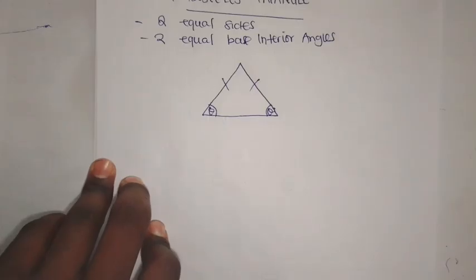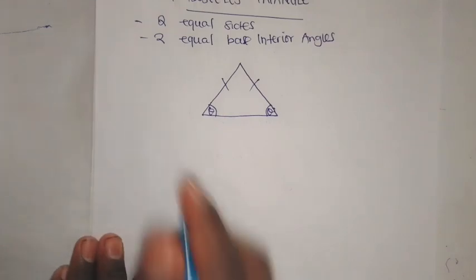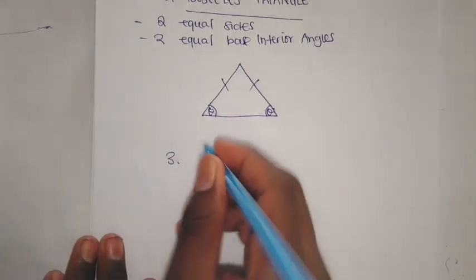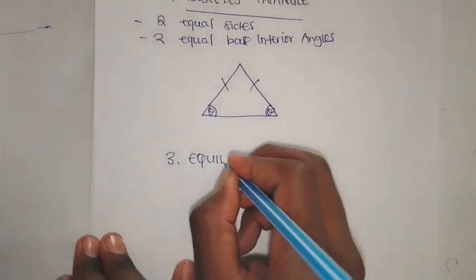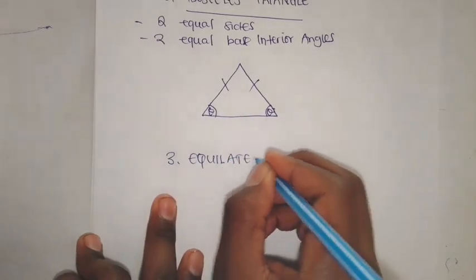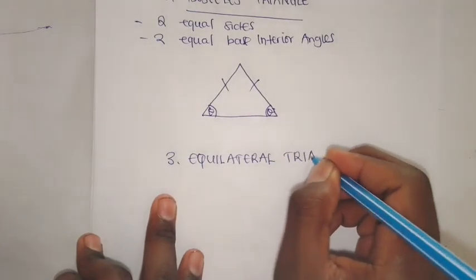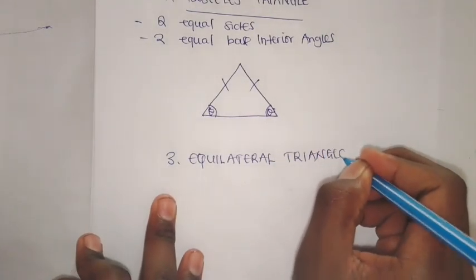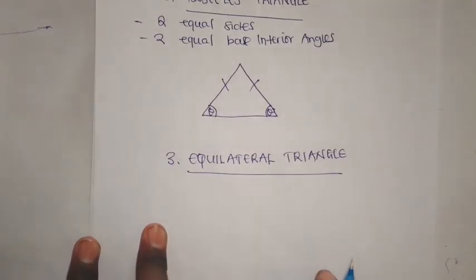The next one is what we call the equilateral triangle, number 3. How about this one?